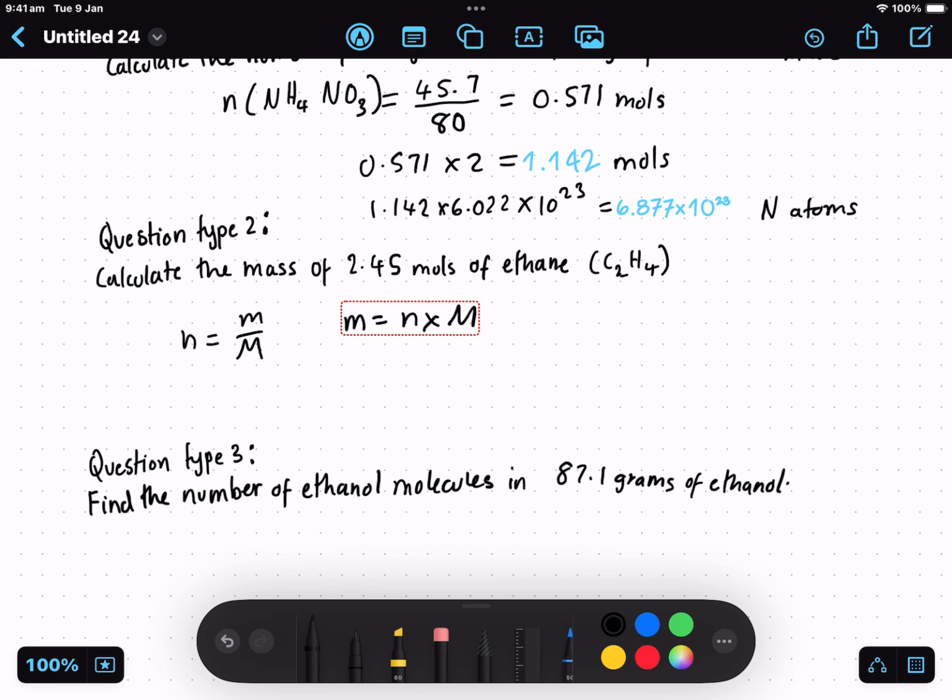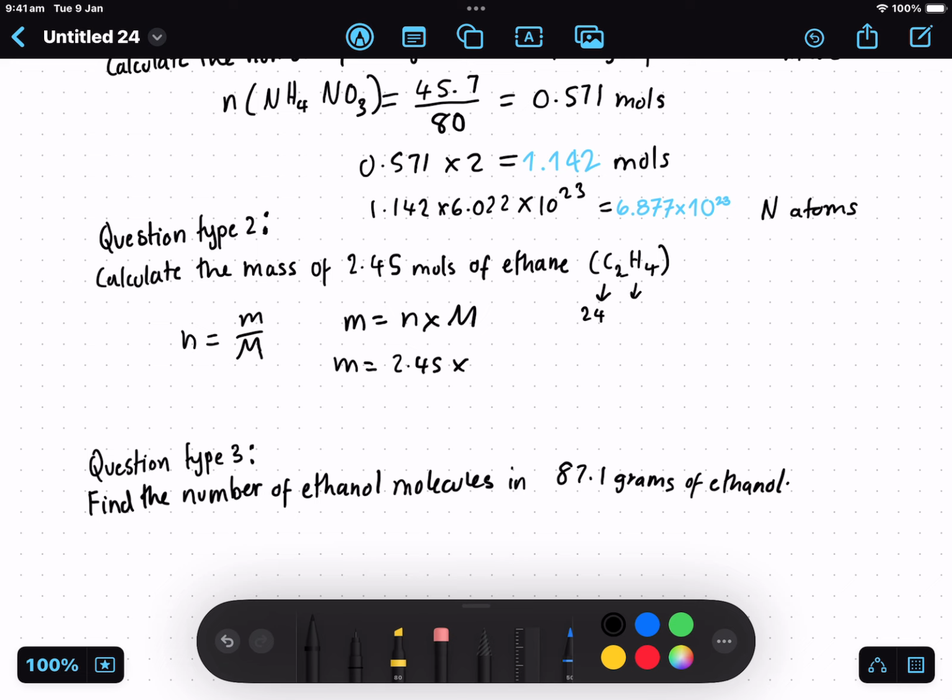Now we have to find M. So we've got the number of moles, n is 2.45, and then big M is the molar mass. So what is the molar mass of C2H4? Carbon has a molar mass of 12. 12 times 2 is 24.